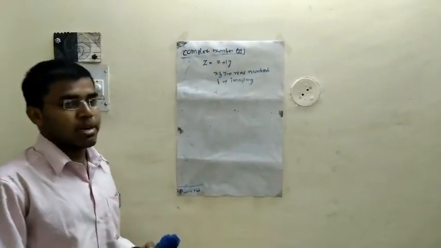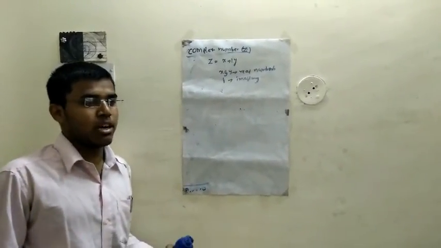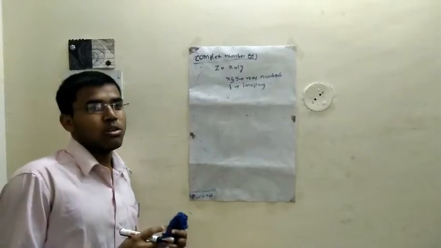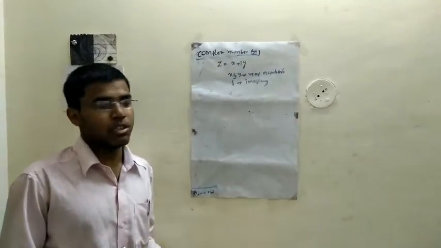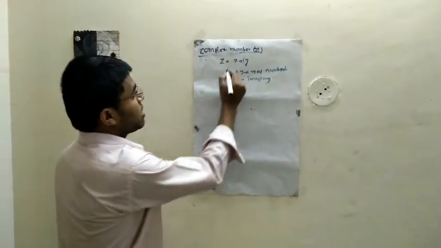Complex numbers and complex variables are very important because they are used to solve problems in trigonometry and geometry. So this is the complex number.